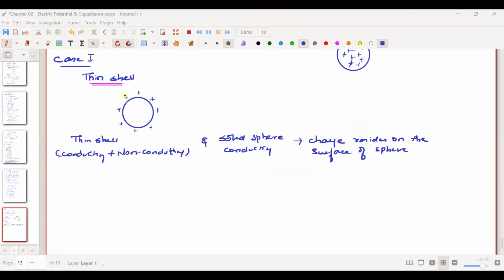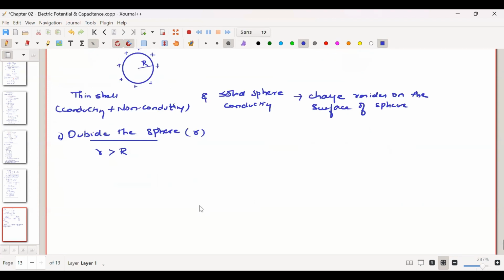The first case is, let's say I will take an outside point. The potential outside the sphere. Let's say the radius is capital R, and my point is outside at a distance small r, where small r is greater than capital R. So this is my condition.